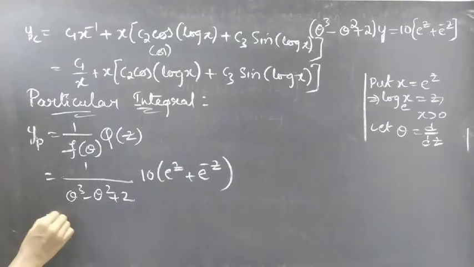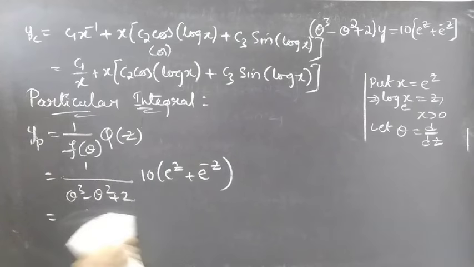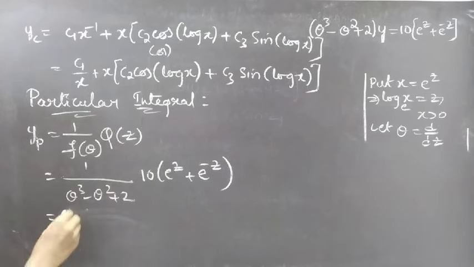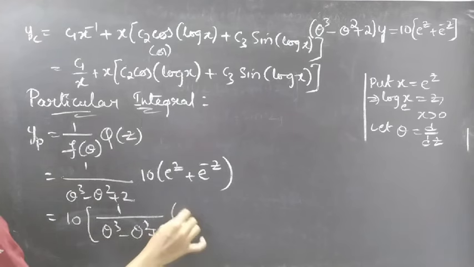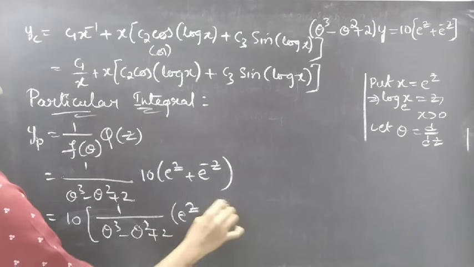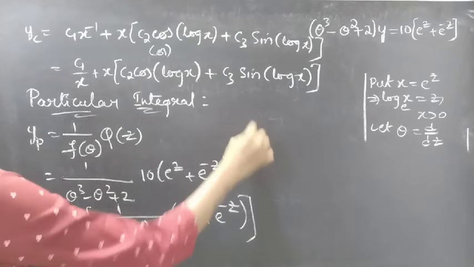Or we can write it as 10 into 1 by f of theta into e power z plus e power minus z, right?